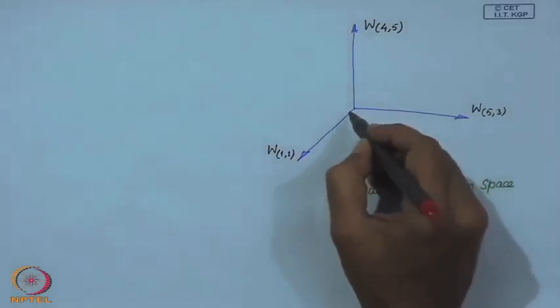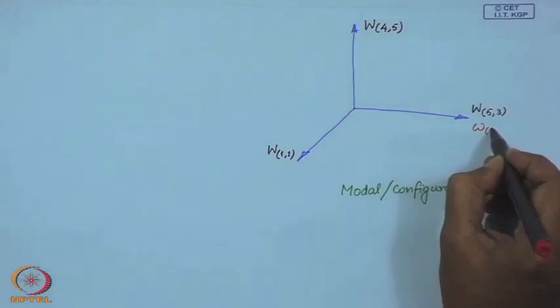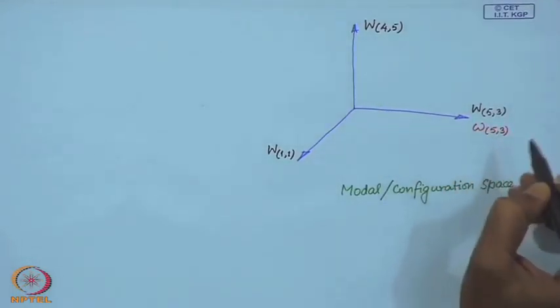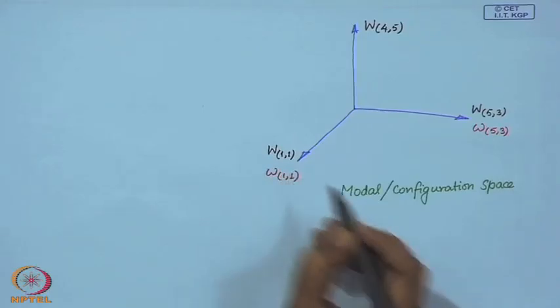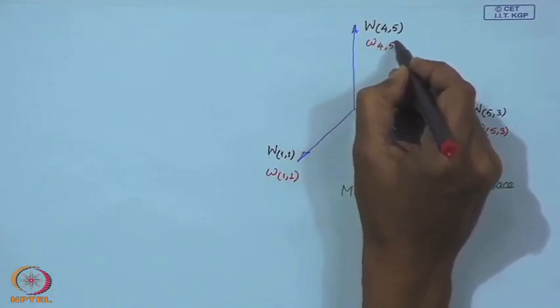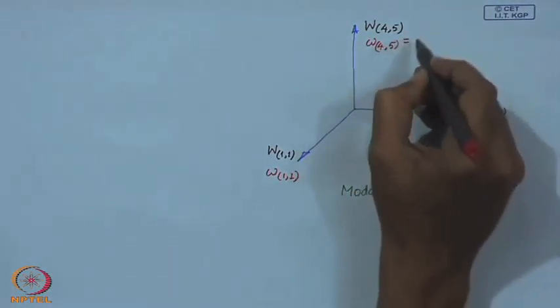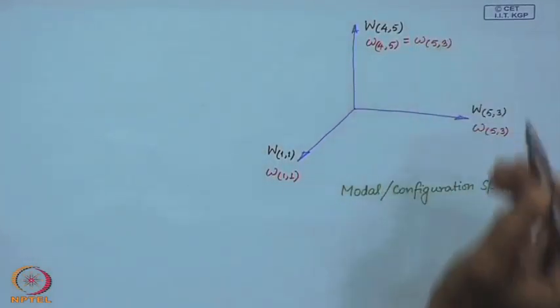So, in this modal space in which I have drawn only 3 of these orthogonal eigenfunctions, this is an eigenfunction corresponding to omega 5 3. Similarly, this is 1 1, and this is the same as omega 5 3.